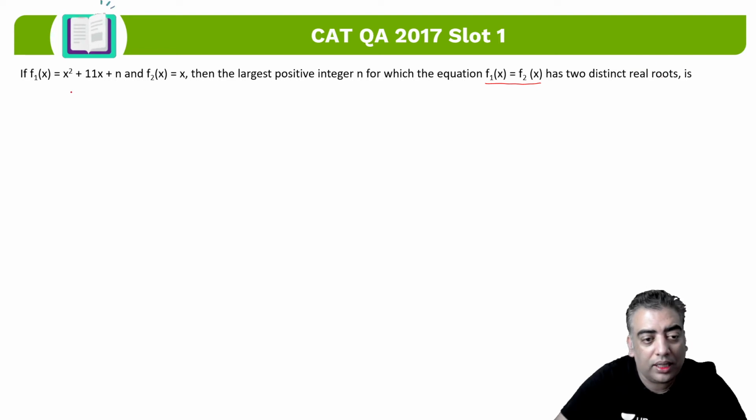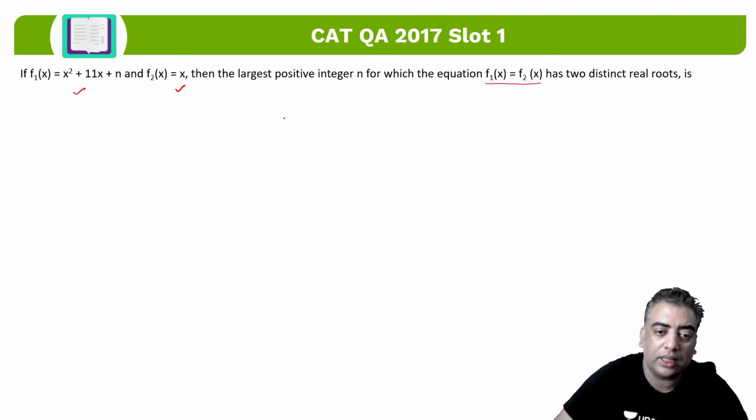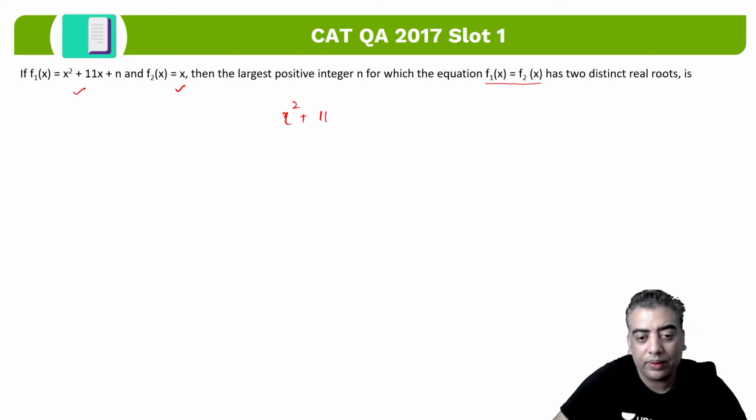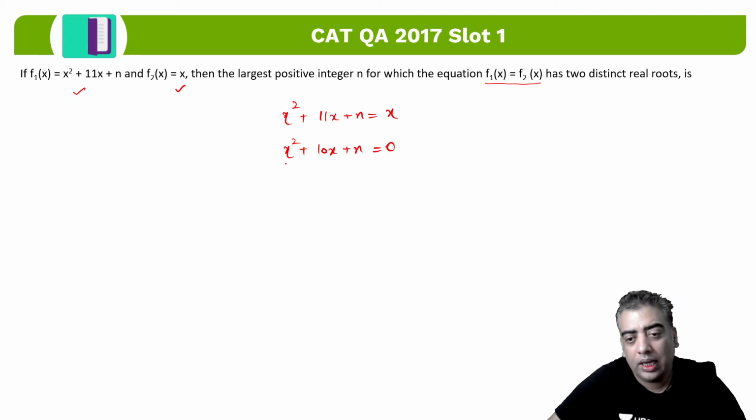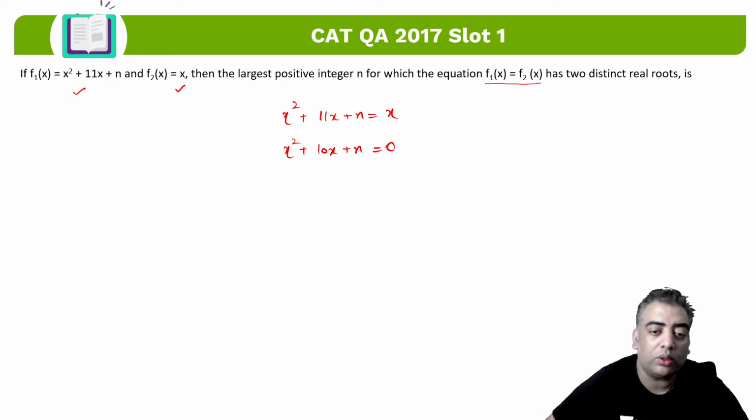So we just need to equate these two first of all, which gives you x square plus 11x plus n equals x, or x square plus 10x plus n equals 0. Now, if you want two distinct real roots, we just need to focus on one part: for what value of n this will become a perfect square.